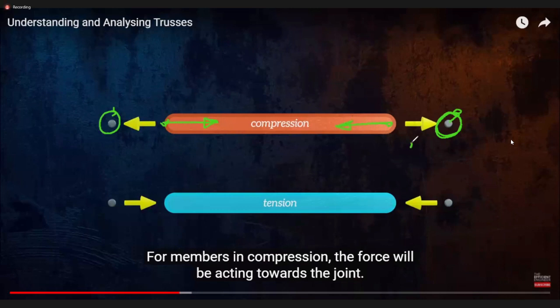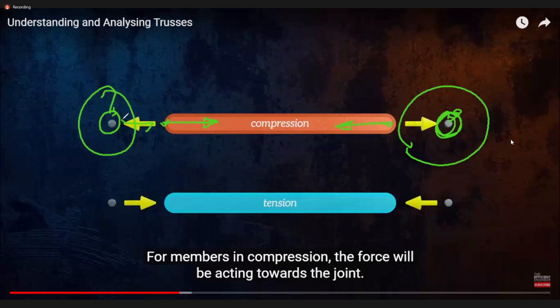So it gives a radially inward force on the joint, this yellow one. In the same way, if this part is in tension, external agencies are pulling it. As a result, it is trying to pull back, so it is giving a radially outward force on the joint.